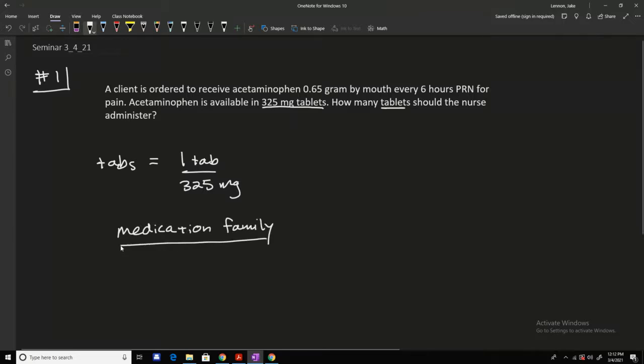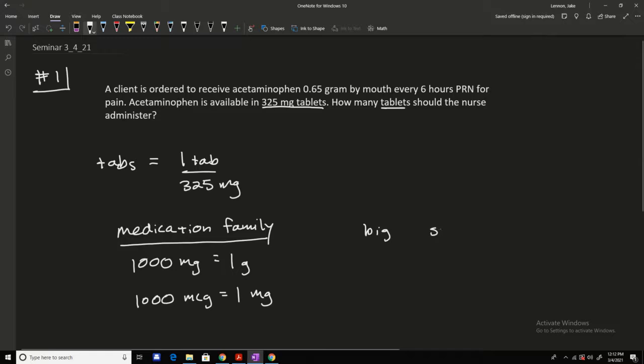You have just 2 conversion factors here, because your medications are going to be measured in either grams, milligrams, or micrograms. So we know that 1,000 milligrams equals 1 gram, and 1,000 micrograms equals 1 milligram.